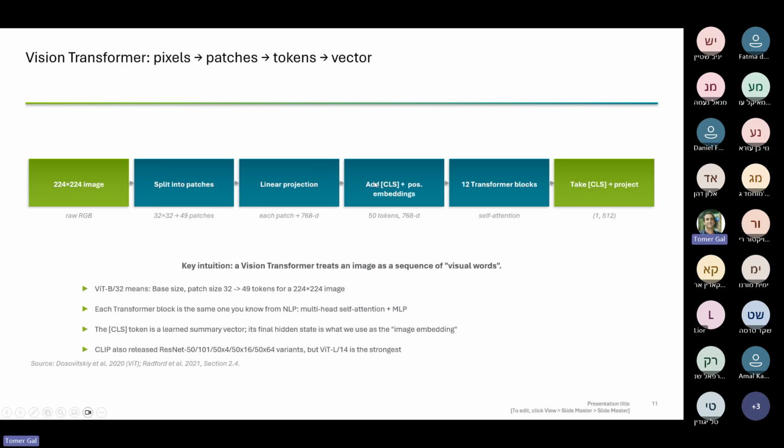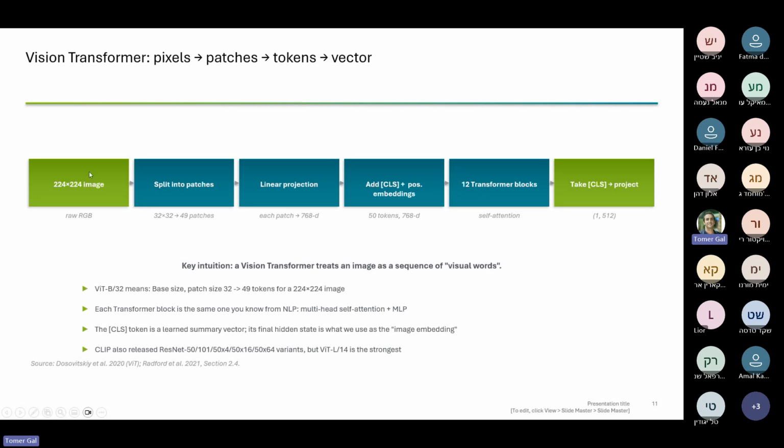Then we add the CLS and the positional embeddings. We have the self-attention mechanism and eventually the output. So the key intuition here is that a vision transformer treats the image as a sequence of visual words.